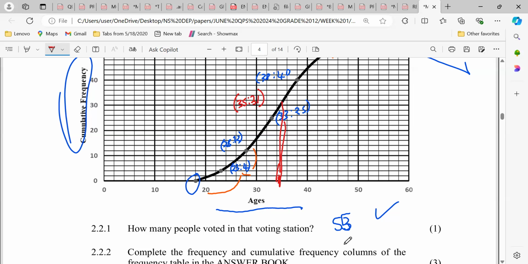But we want them to be older, 35 years or older. Go to 32 because it's much closer to this side. But if we're honest, if we're given a graph, the most correct one is 31.